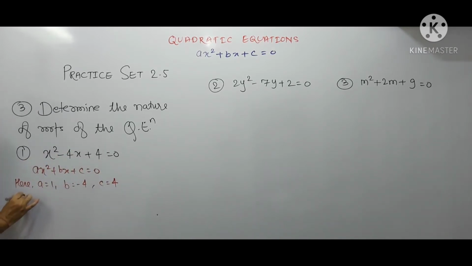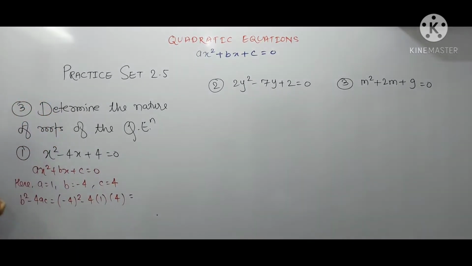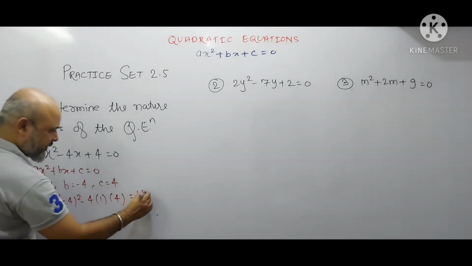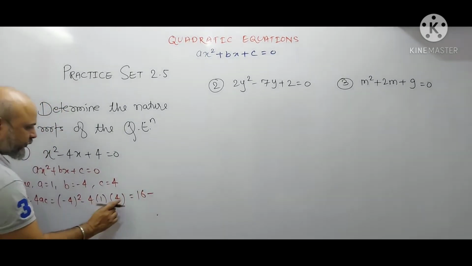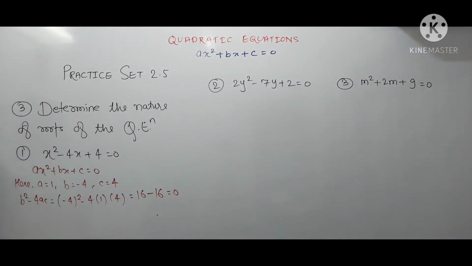Now we'll find the value of b square minus 4ac. So b square means -4 square minus 4. What is a? A is 1. What is c? C is 4. So -4 square is 16, and minus 4 ones are 4, 4 4s are 16. So 16 minus 16 is 0. Now the value of discriminant is 0.